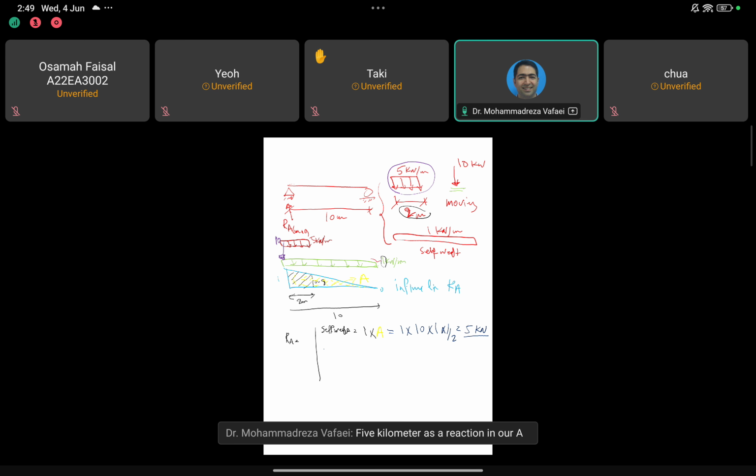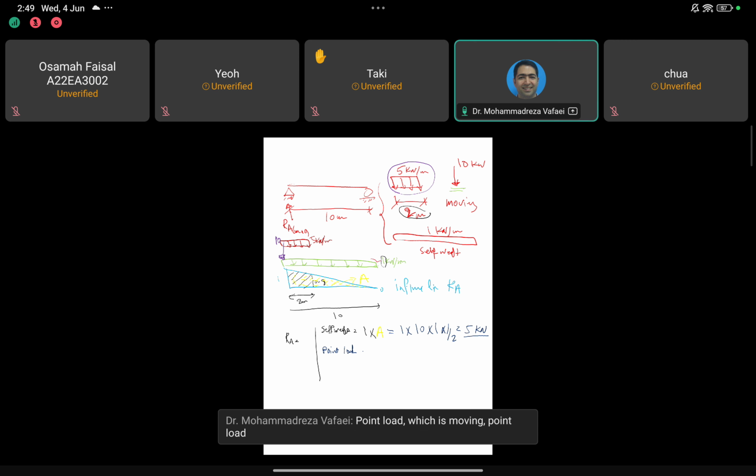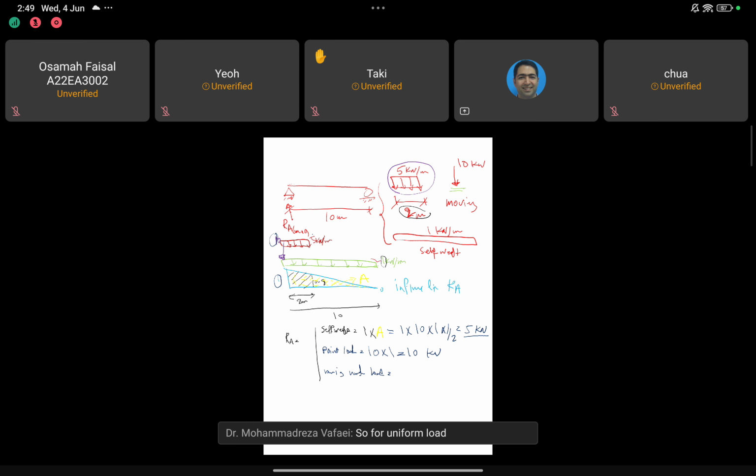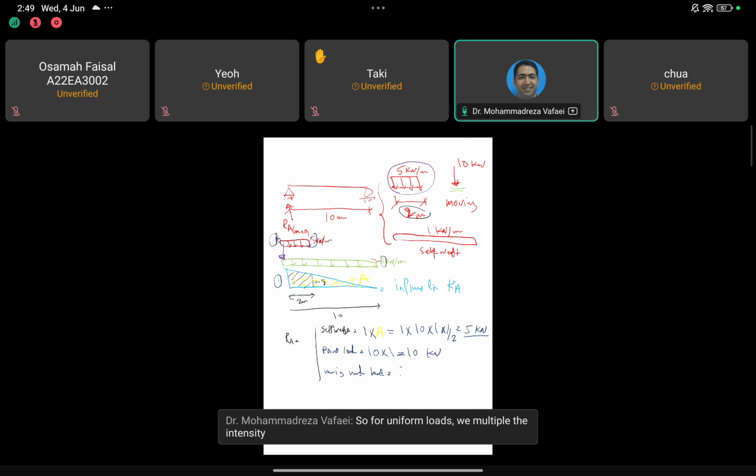And then we have the point load, which is a moving point load. So we just need to multiply the intensity of the load by the height of the influence line, which is 10 multiplied by the height under the point load, which is 1, equals 10 kilonewton. And then we have the moving uniform load. So for the uniform load, we multiply the intensity of the load, which is 5, by the area underneath.